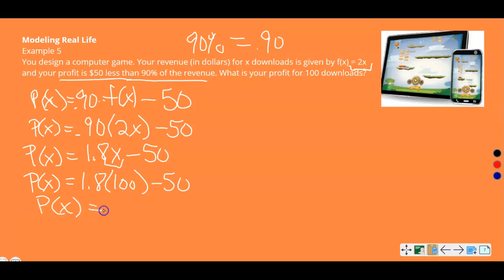Anytime you multiply something by 100, you're just moving it over 2 decimal places. So you're going to have 180 minus 50. So p of x equals 130. All right, so that would be your profit for 100 downloads.